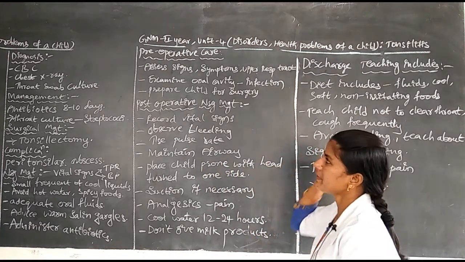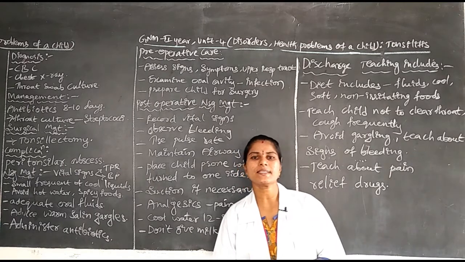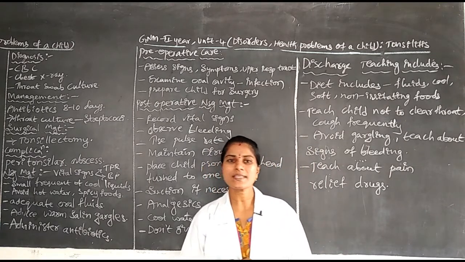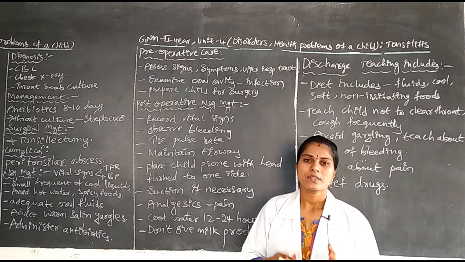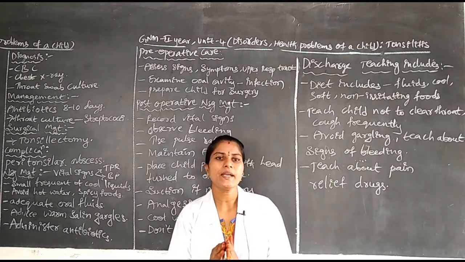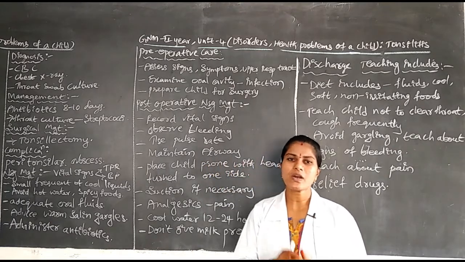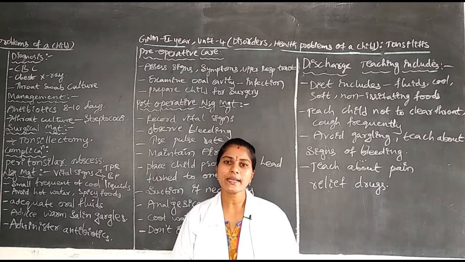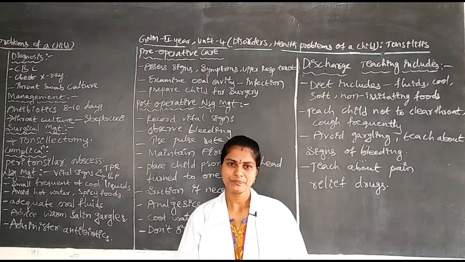In the previous video we discussed that one surgery is there for control of tonsillitis, that is the tonsillectomy. If the child needs or must compulsorily undergo a surgery, that is the tonsillectomy, then as a nurse we have to prepare the client pre-operatively.